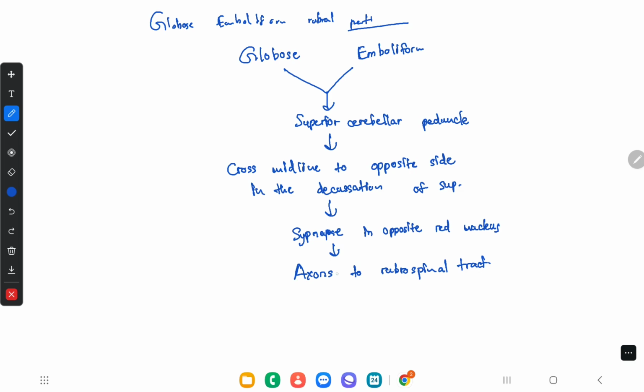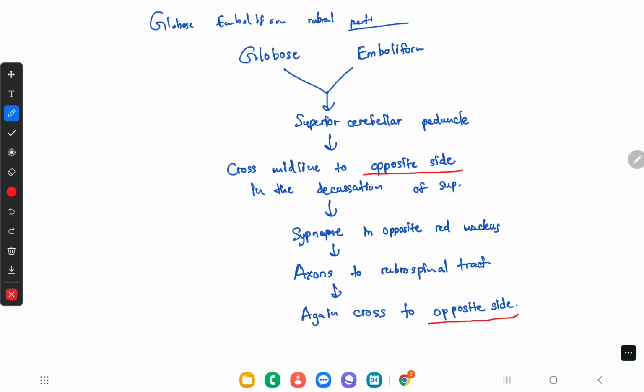Again it crosses the midline to the opposite side. Here, in two steps, it crosses to the opposite side.